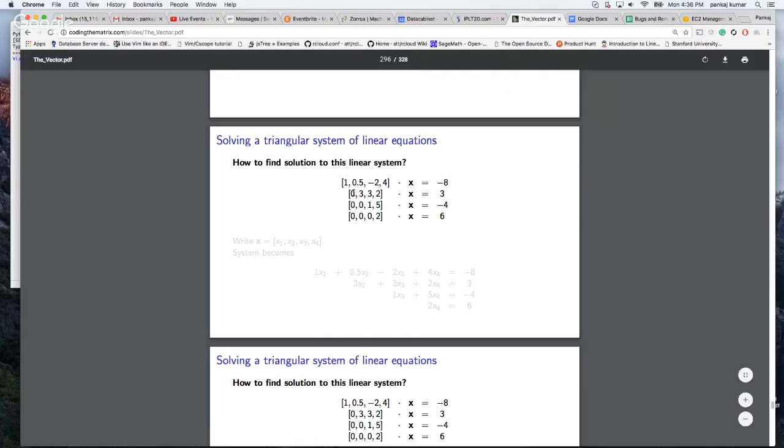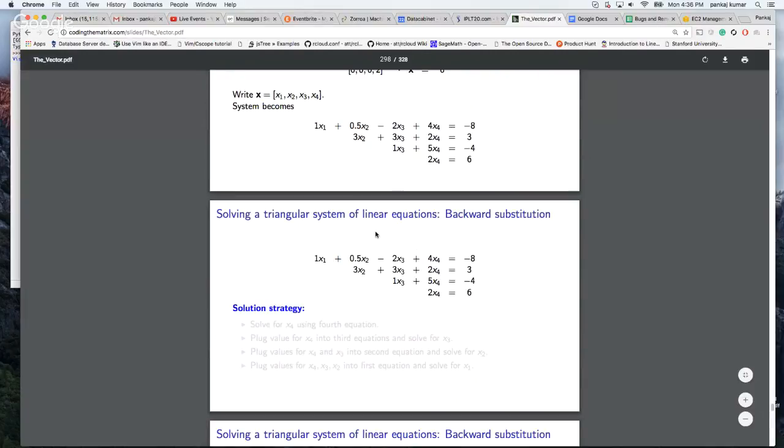All the lower portions, in this 4 by 4 case, have values of 0. In this case, solving this equation becomes pretty easy. To solve this, you can trivially solve for x4, then plug that x4 value into the next one, then solve for x3, then plug x3 and x4 in and solve for x2, then ultimately solve for x1.